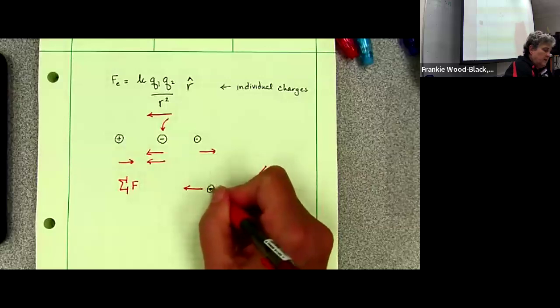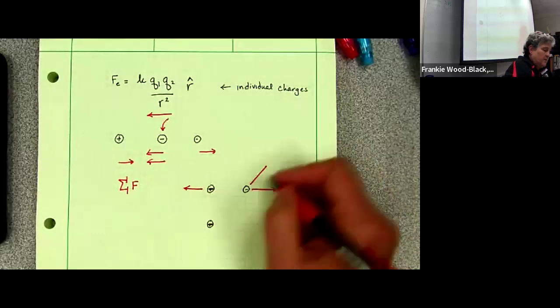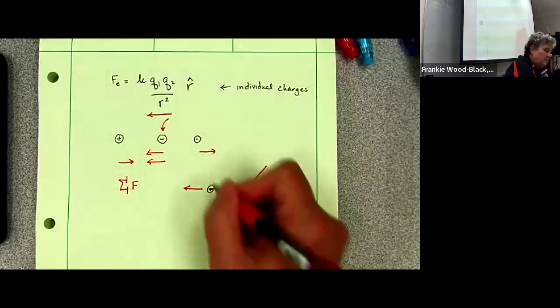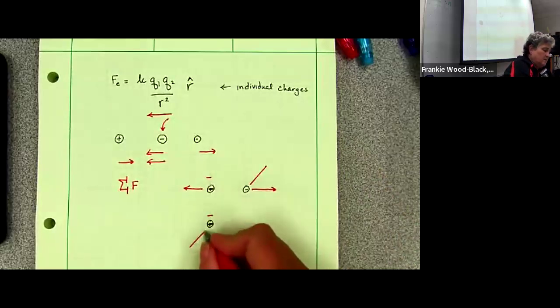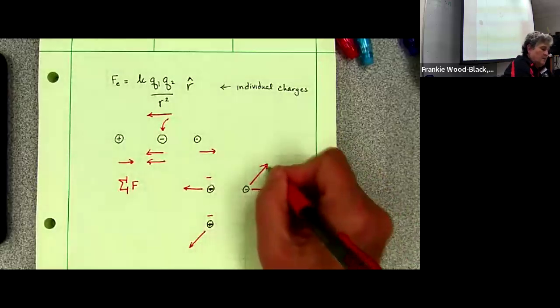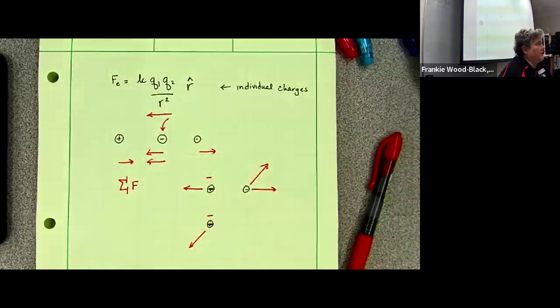We're going to make this one negative and negative. So all of these are negative charges. So those are going to repel, and these would repel. So the net force on that one is going to be the sum of those two particular vectors.